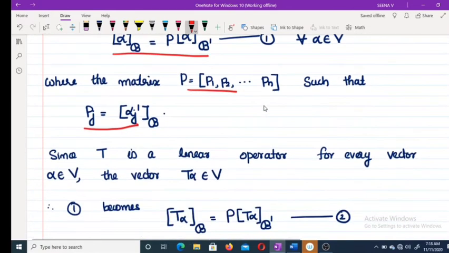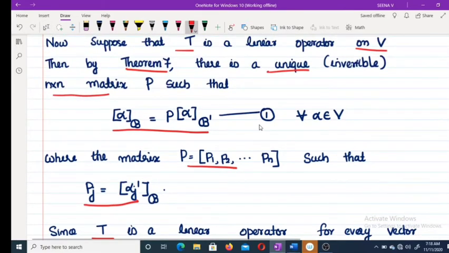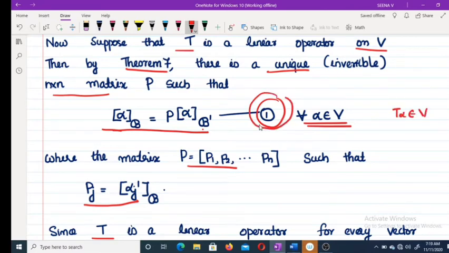Now, as T is a linear operator, for each vector alpha in V, T alpha also belongs to V. So this statement, equation 1, is true for every alpha belongs to V. As T is a linear operator, T alpha also belongs to V. Therefore, our first equation is true for T alpha also.